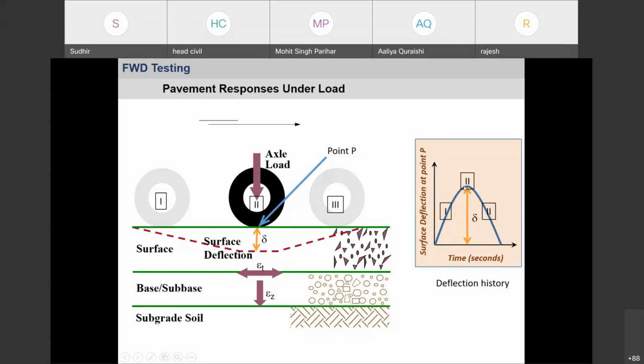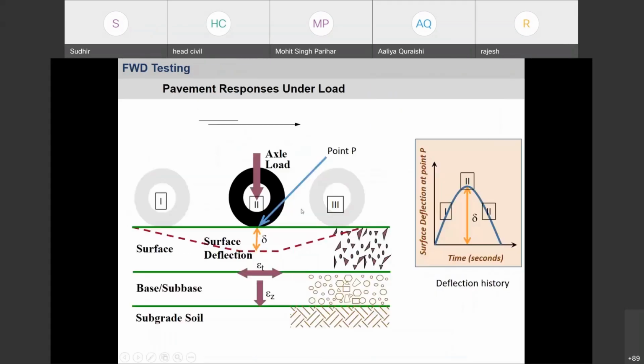It will be close to maximum when the wheel is right on point P, and then it will start to reduce as the wheel moves away from point P. So this is basically the deflection with time at point P. Since it's with respect to time, I can call this a deflection history. So it's a deflection history: deflection at point P with time.